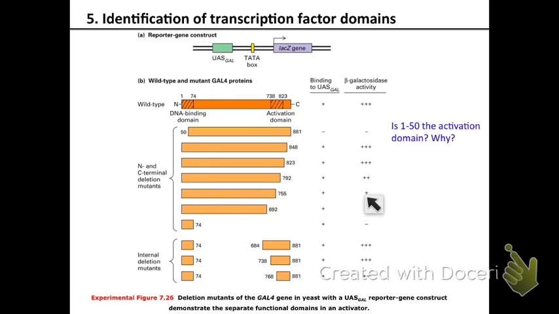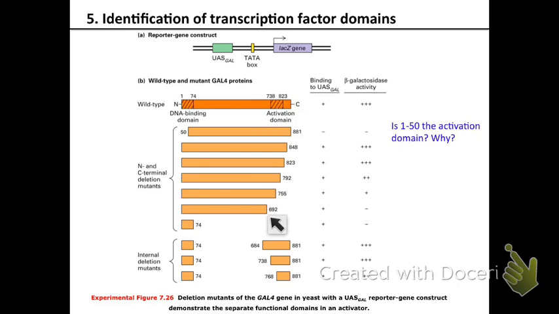You reduce the activation activity even more, and by the time you come to 692, you no longer have any activation, right? So from this, what can I conclude? I can conclude that the activation domain is somewhere between 692 and 823, right? From the experiments up to this point, that's what I can conclude.